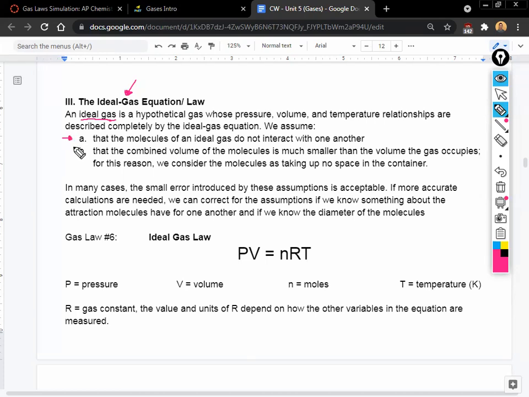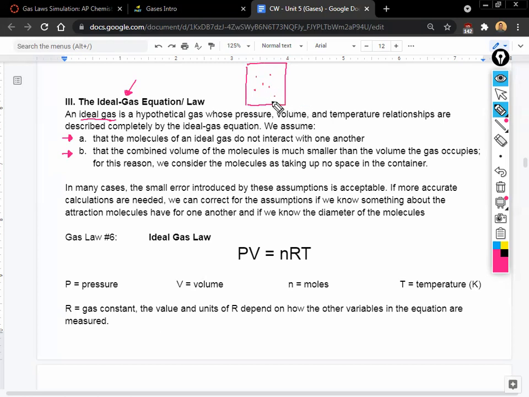And this is important because some gases can interact and react with each other. There are electronic forces that do affect how they interact with each other. We don't assume any of those things happen in an ideal gas, okay? And then in an ideal gas, the combined volume of the molecules is smaller than the volume of the gas occupied, okay? So when we have a gas, we have a big container, but we only have a few molecules in there, right?